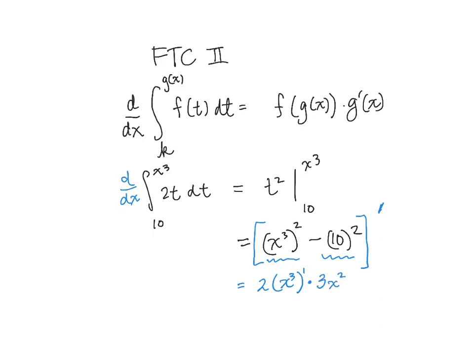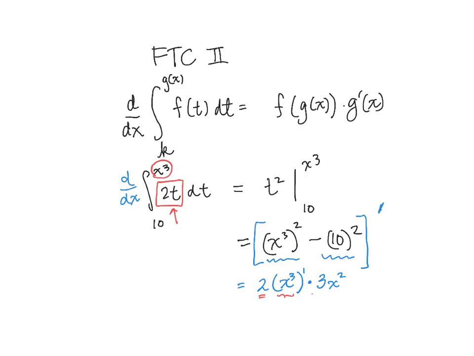Now, if we notice our original integration problem, we have a 2t there, and down here we have a 2, and this is where the t used to be. Instead of the t, we have the x cubed, and we have placed that x cubed right where the t was.